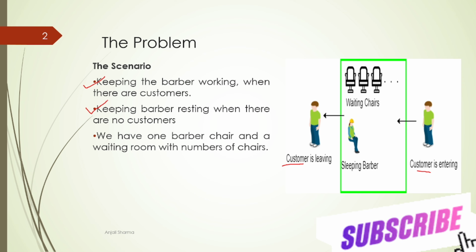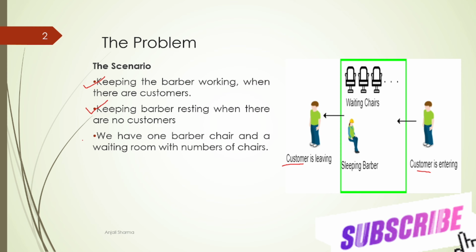As the problem name suggests, it is the sleeping barber problem. As soon as the shop is empty of customers, the barber should be sleeping. So the barber is meant to do only two tasks: first, to cut hair, and second, to sleep if there is no customer.